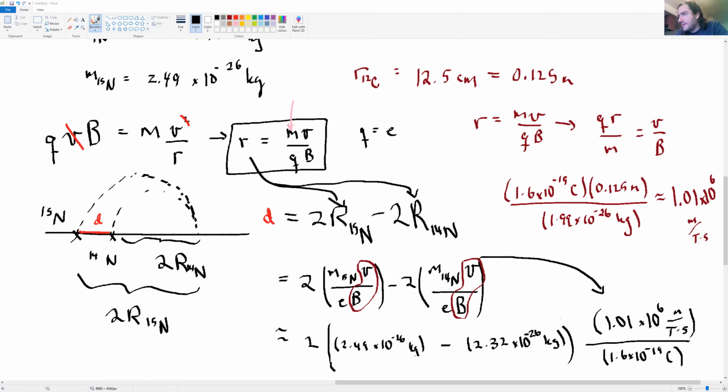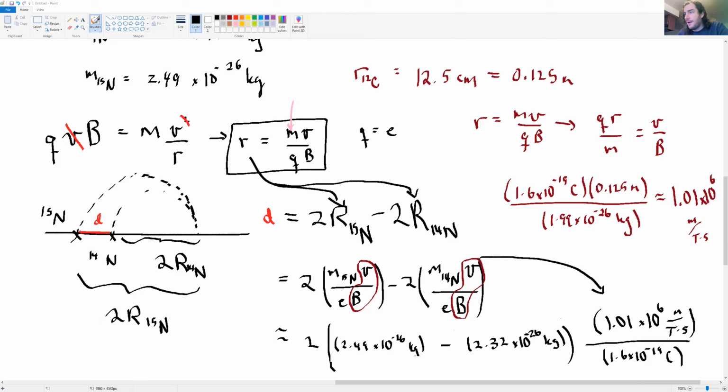So how would I plug this into the calculator? Maybe do the stuff on the outside first. So 2 times 1.01 times 10 to the 6 divided by, making sure I put parentheses, 1.6 times 10 to the negative 19.